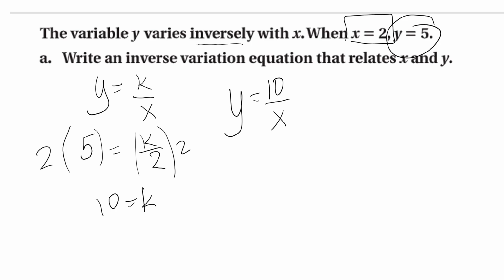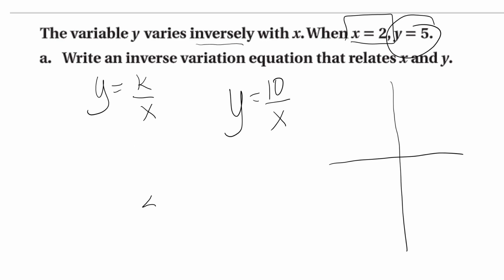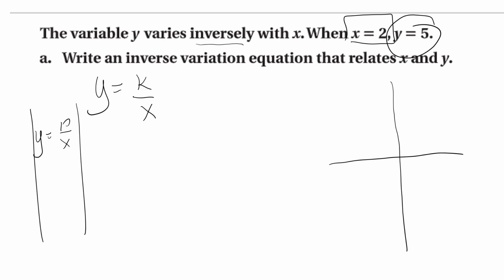In order to do my graph, I'm actually going to make a table of values. I'm going to give myself some space over here to do that. I'm going to start with 1, 2, 3, and then I'll do negative 1, negative 2, and negative 3.